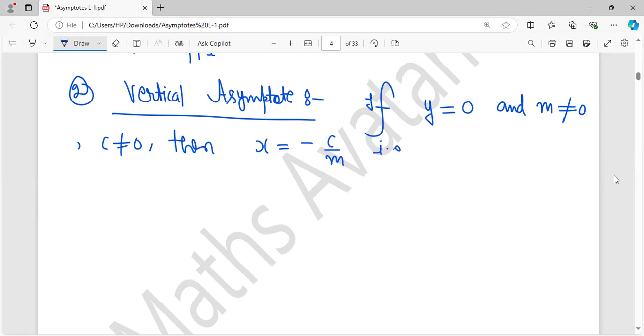It means x is equal to d, where d is equal to minus c upon m.